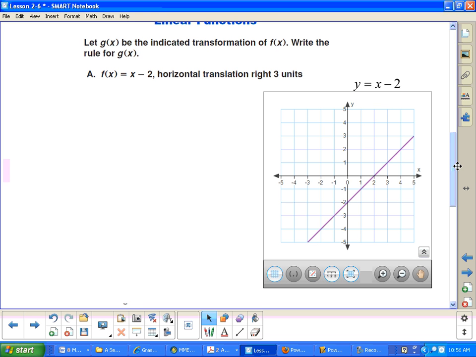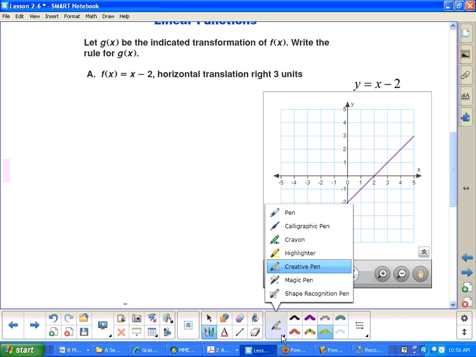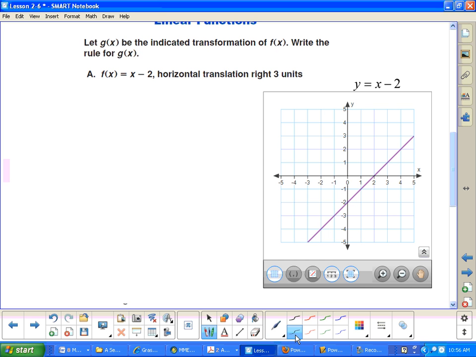So my function f of x is going to become f of x minus 3, because in this case the value of h is equal to 3 because it's moving to the right.